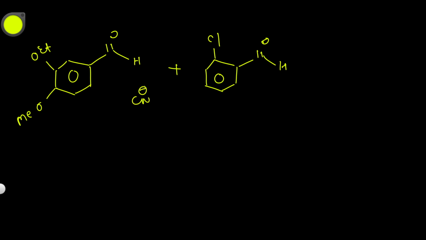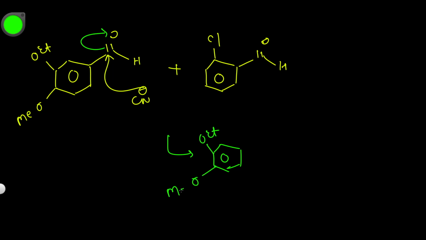Cl minus comes and will attack on this position, right, and the charge will shift onto this oxygen as a negative charge. So we will find something like this. Here is the OAT, here is the OMe, right, and here is the O minus, and here is the H, and here is the C triple bond N.